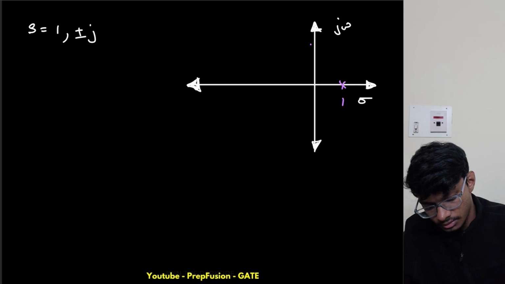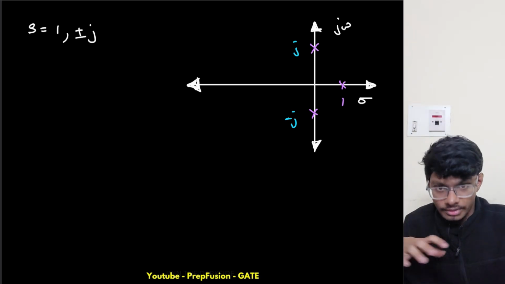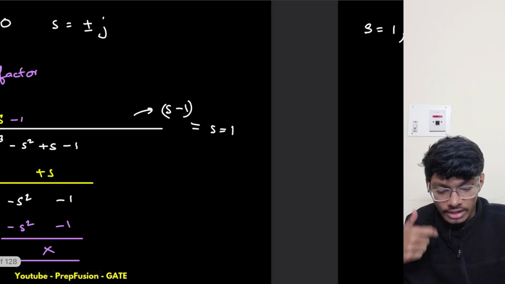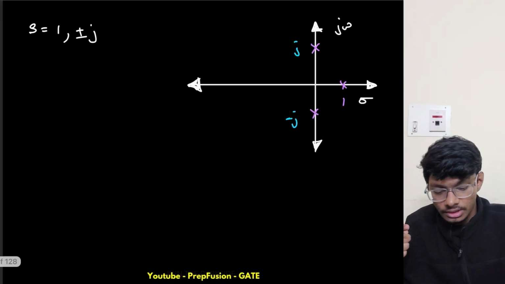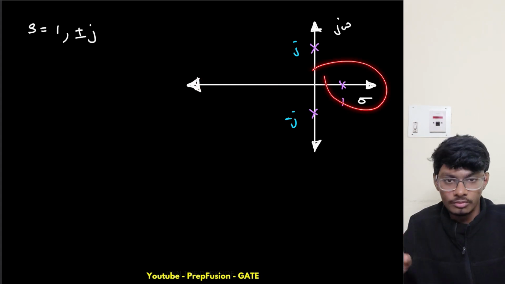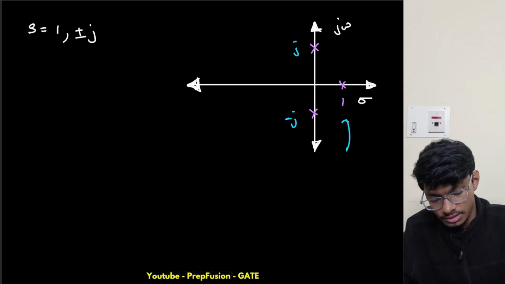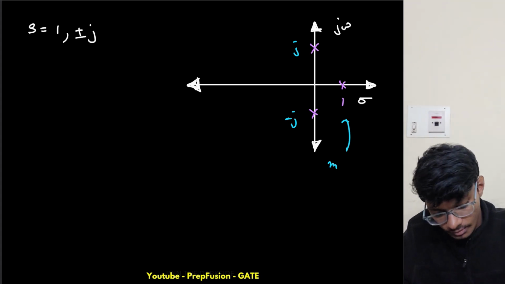And the other ones are lying on plus minus j. This is minus j and this is plus j, right? So obviously from the roots I can understand I don't have any left hand poles. Why? Because it may so happen that I have left hand poles, but they will not be symmetrical because m is 0. Hence no symmetricity. m is 0.